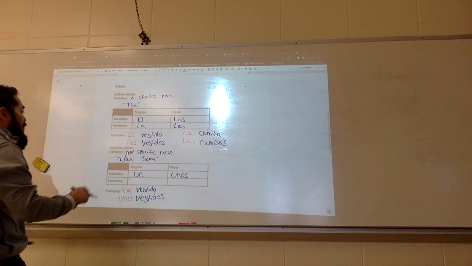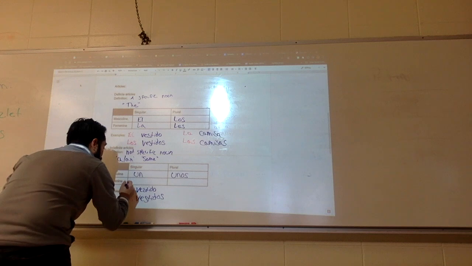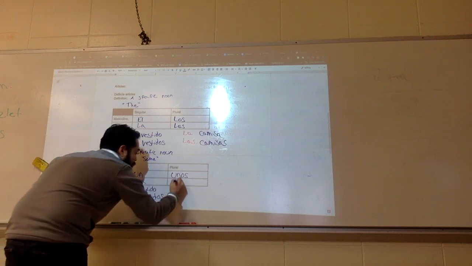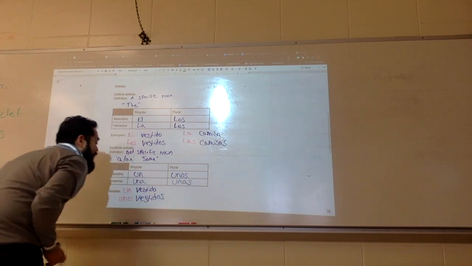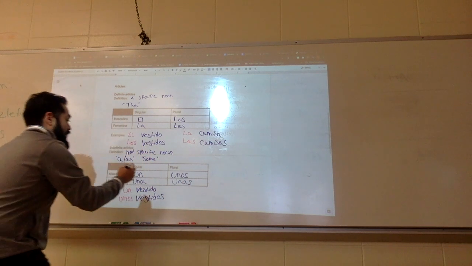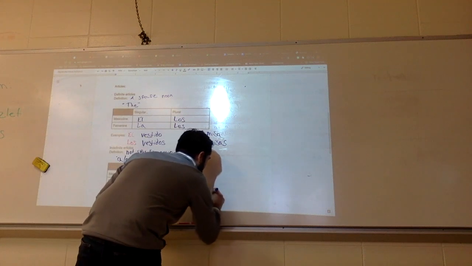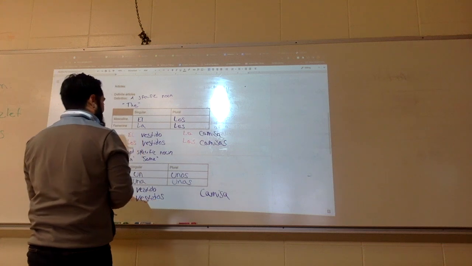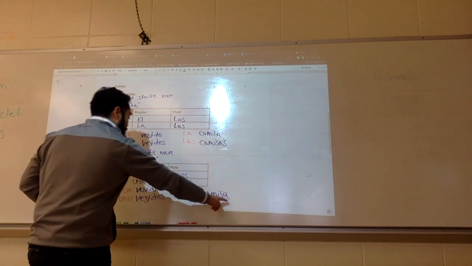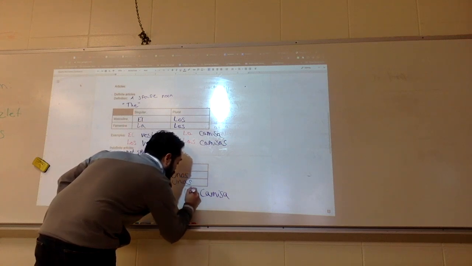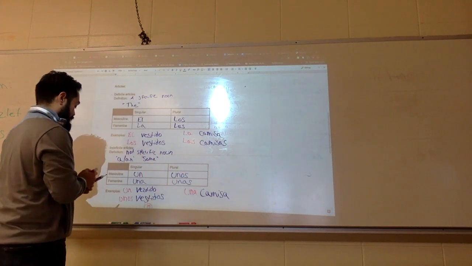Same thing on the feminine side. Now I need new articles. If it's feminine singular, una. If it's plural, unas. So sticking with camisa, if I want to say a shirt, this is feminine because it ends in an A. It's singular because there's no S. Una.